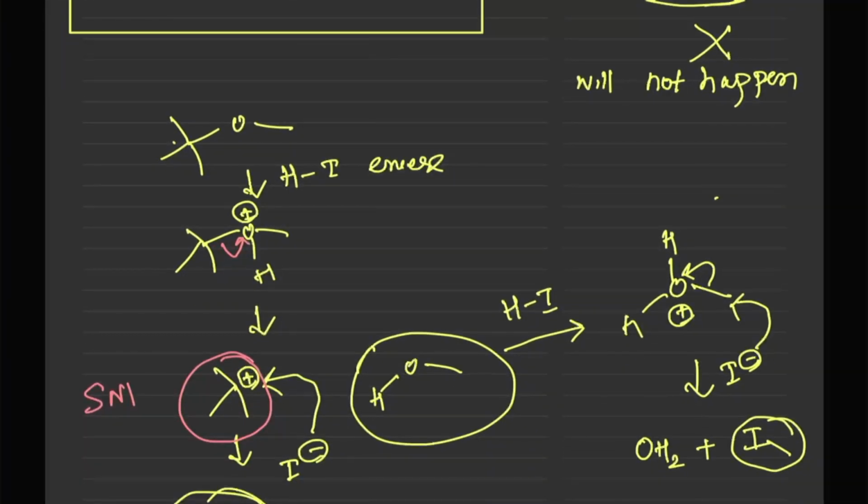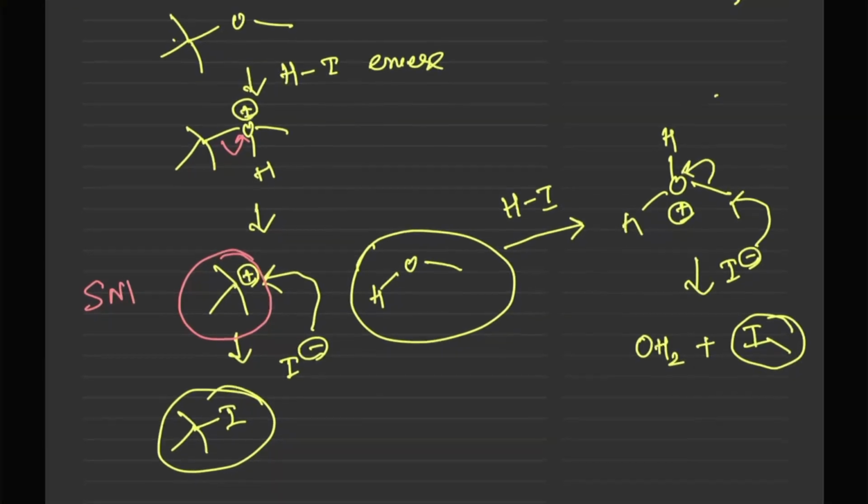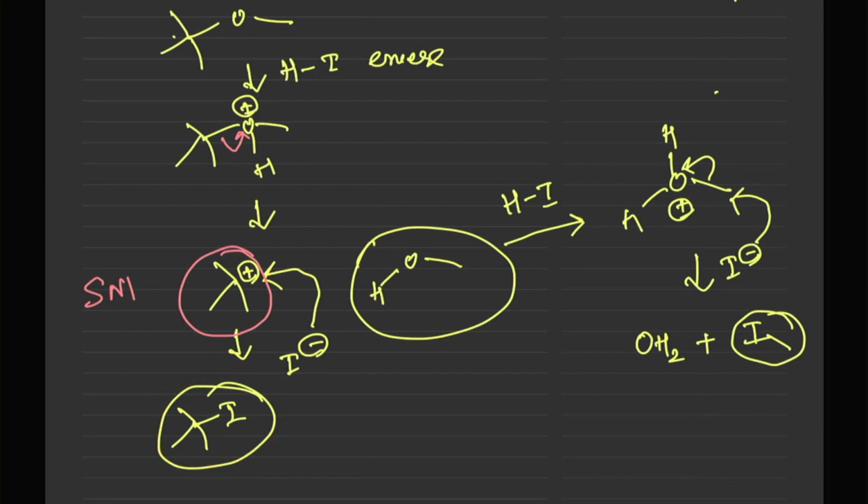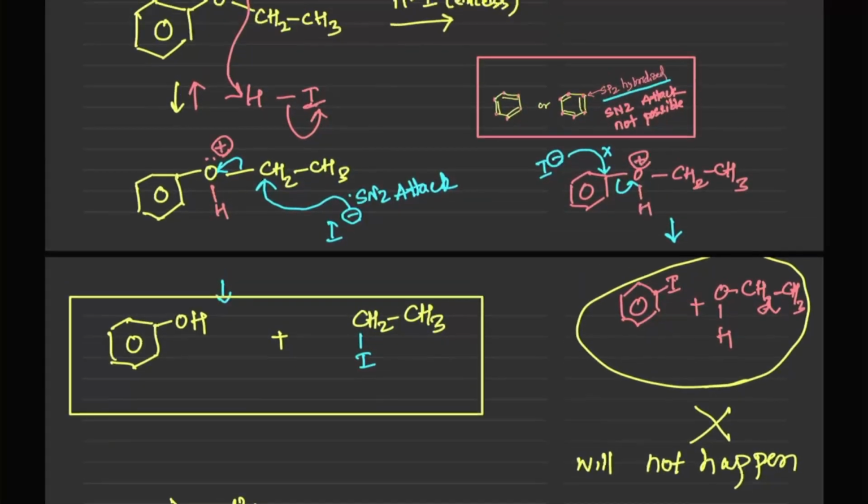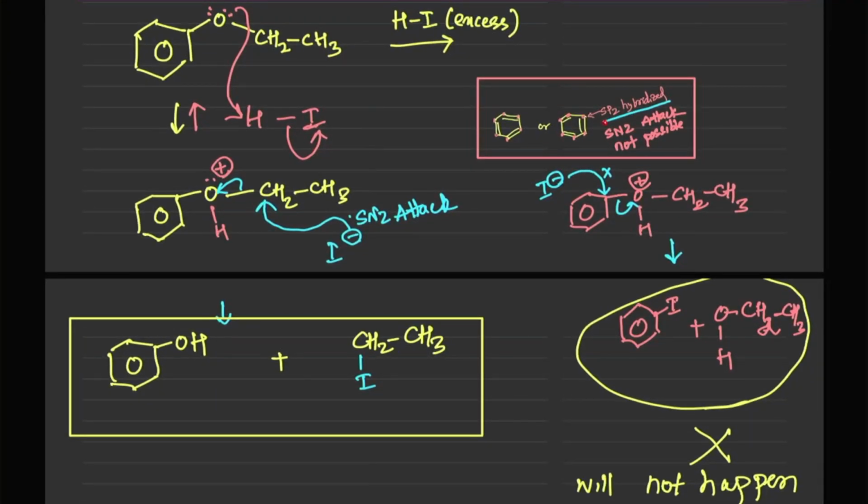But the moment you have an opportunity to make a tertiary carbocation, you still get iodine, but the reaction follows the SN1 route. And if you have an sp2 hybridized carbon atom on one side, you're not able to replace the OH with an I. There are other methods to do it, but by this method we cannot do it. Okay, let's stop here.